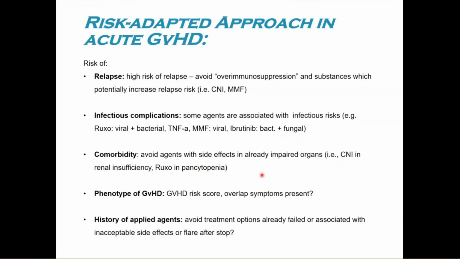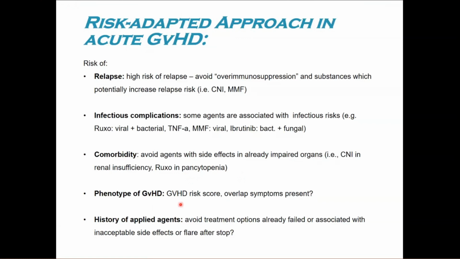Regarding the comorbidity, agents with side effects in already impaired organs should be avoided. For instance, calcineurin inhibitors in patients with renal insufficiency and ruxolitinib in patients who already suffer from pancytopenia.